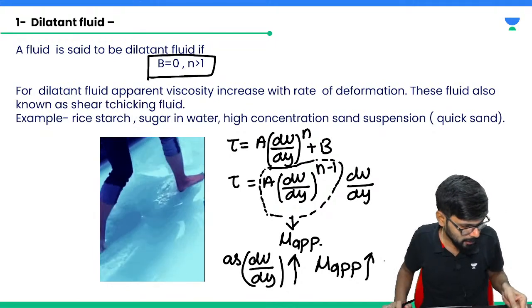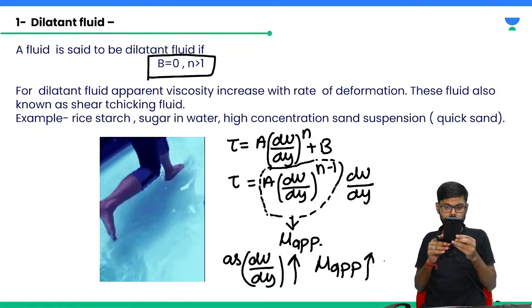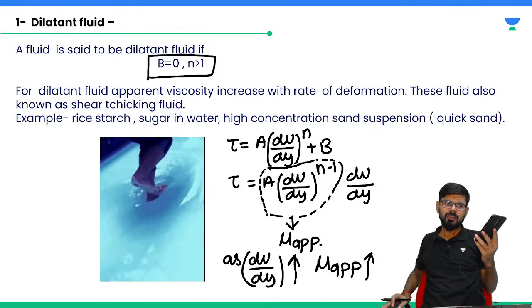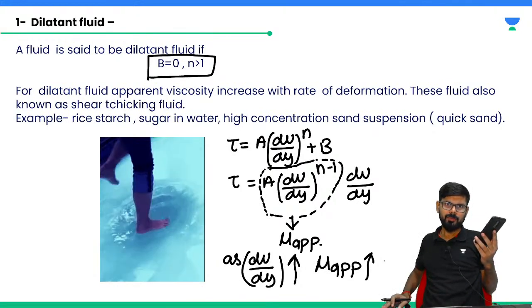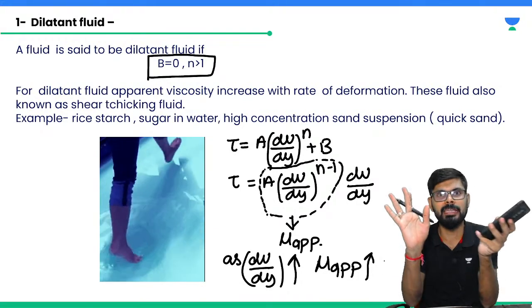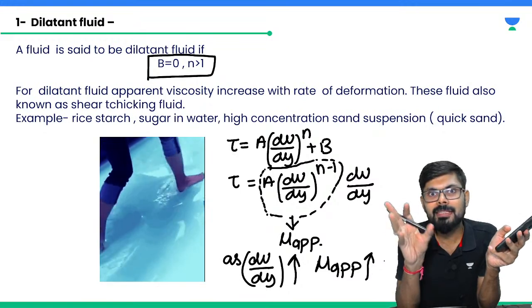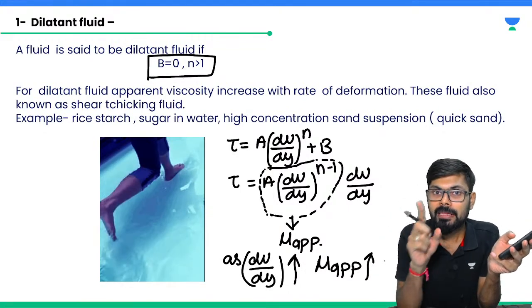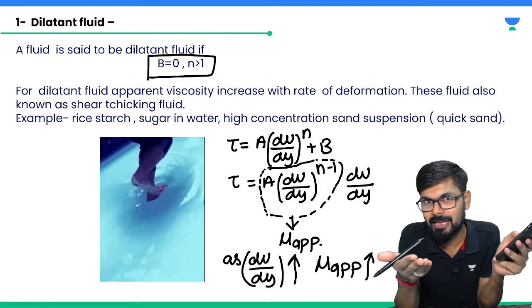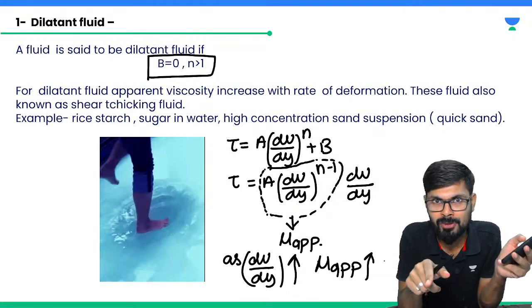What is being written? I think pressure is also there in non-Newtonian fluid. Does it depend upon the pressure? No, the pressure is not going to be an independent parameter. Whenever we write these types of equations, you need to understand we write in the form of independent variables, not dependent variables.